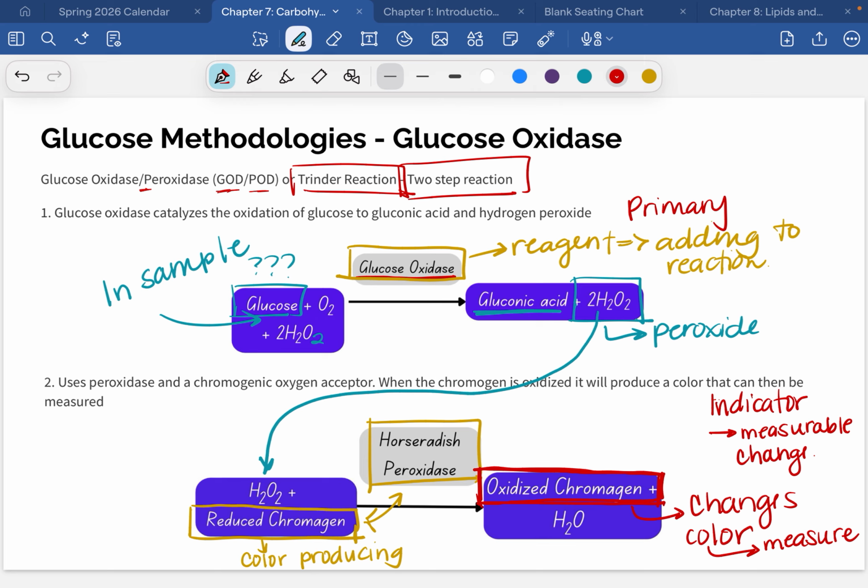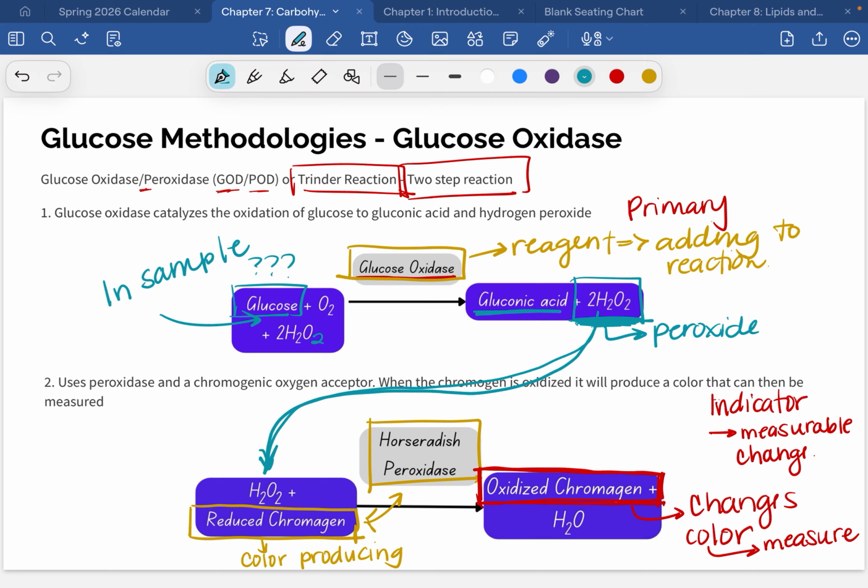So again, we have two different reactions happening here. Our first reaction is the glucose oxidase, where the glucose in the patient sample is being converted into gluconic acid, but it's producing peroxide. That's the big clue. It produces peroxide at a rate comparable to the amount of glucose there is. And when we produce this peroxide, it will react with the chromogen to produce a color change.